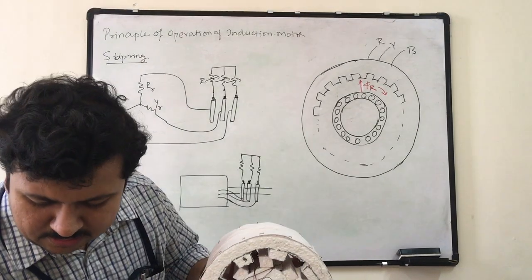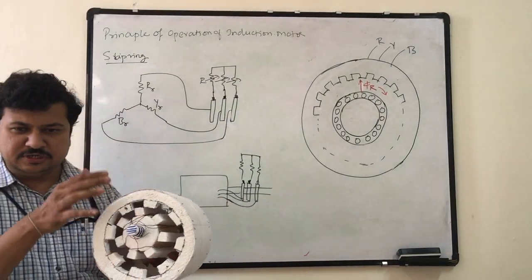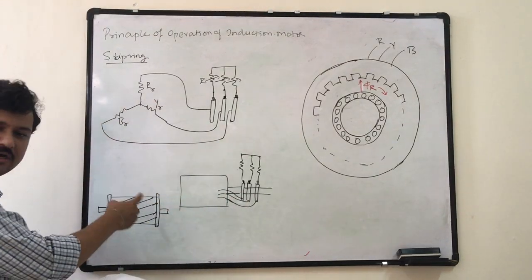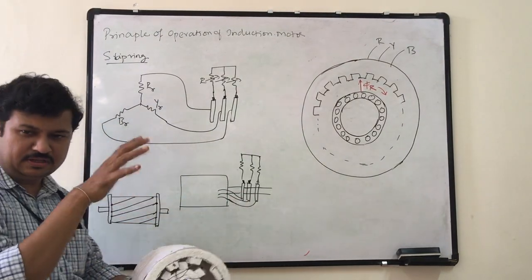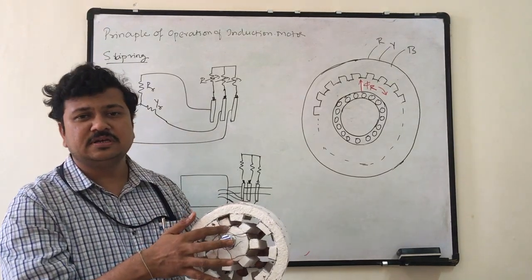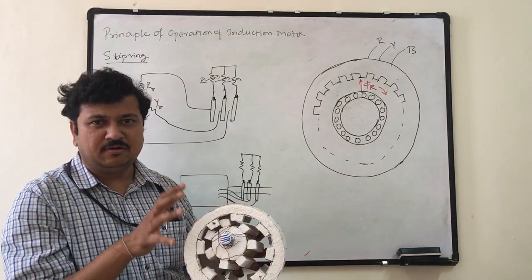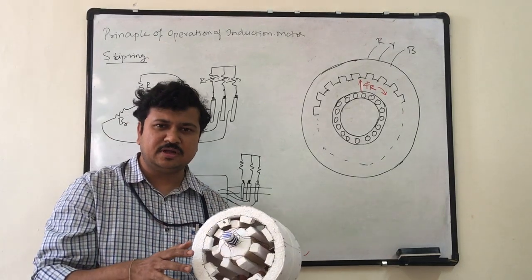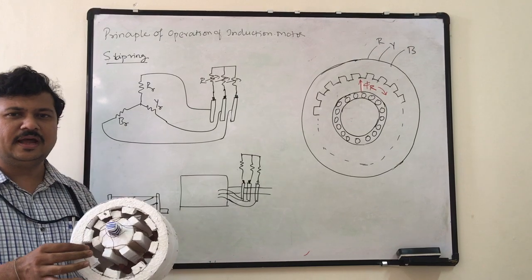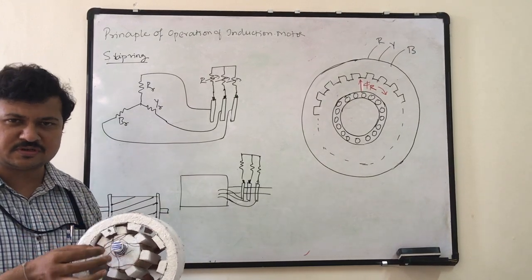The moment the EMF is induced, because of the short circuit condition of the conductors, immediately current starts flowing. Now, as per the principle of motor, when a current carrying conductor is placed in a magnetic field, that conductor has to experience a force.